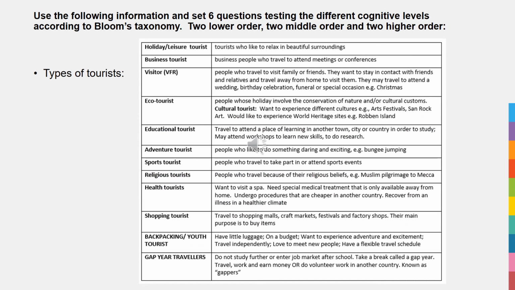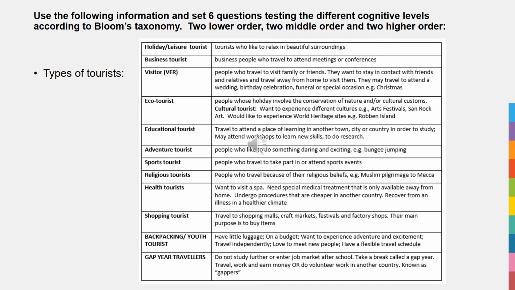So for this week's involvement tracker, you will find it on ECI, but this is basically what it's going to look like. I've given you this table that gives you the list of types of tourists, and then it explains what each tourist is. Now, all I want you to do, you don't need to use a textbook, just use this list.